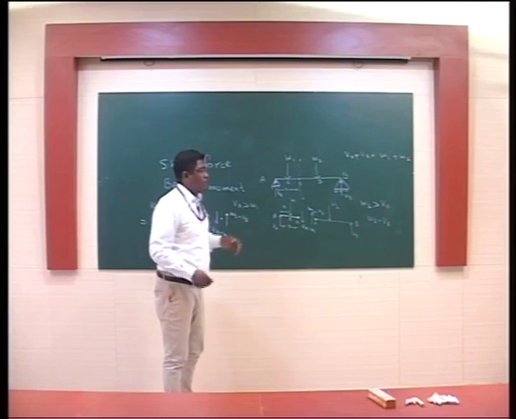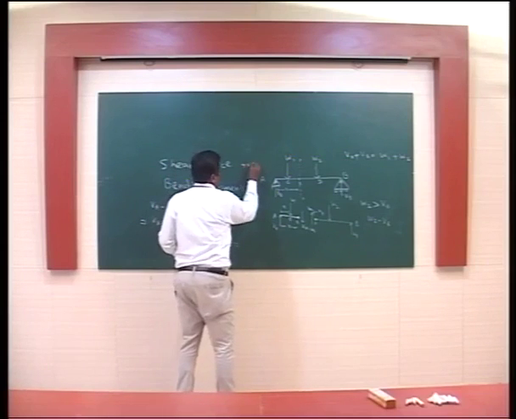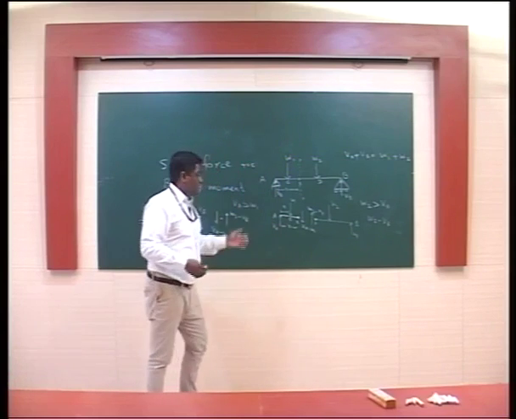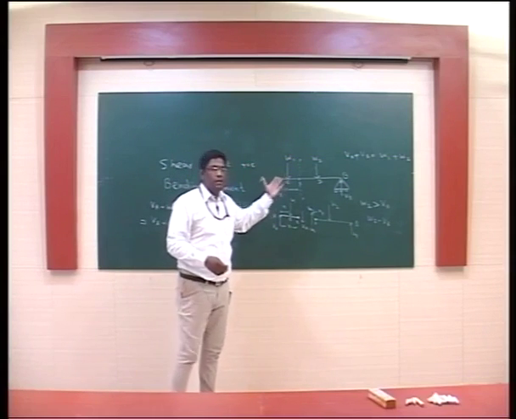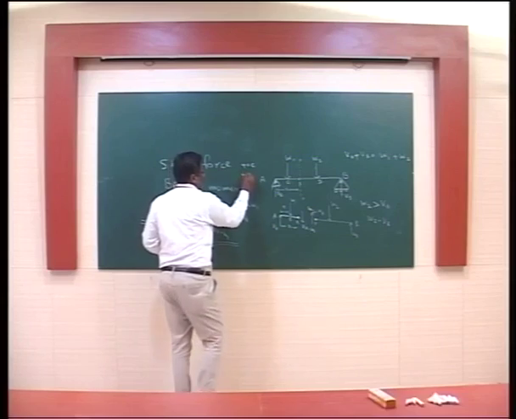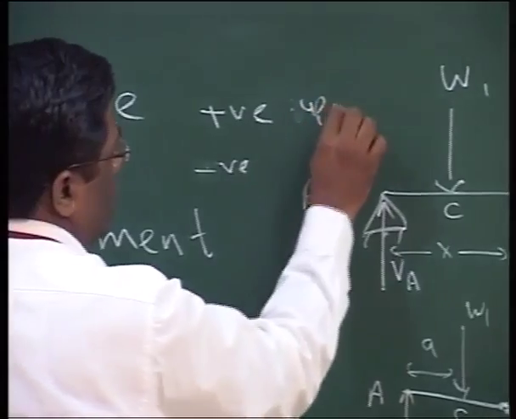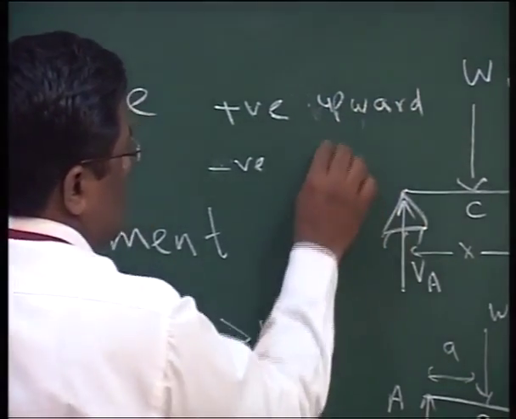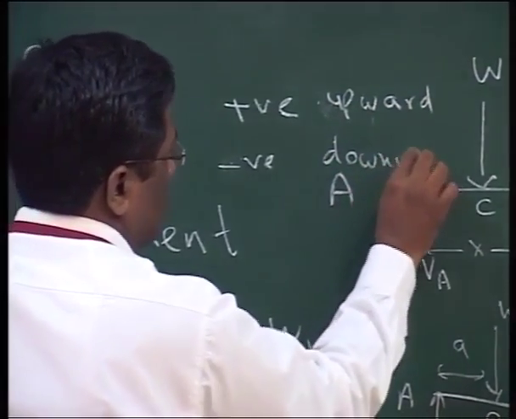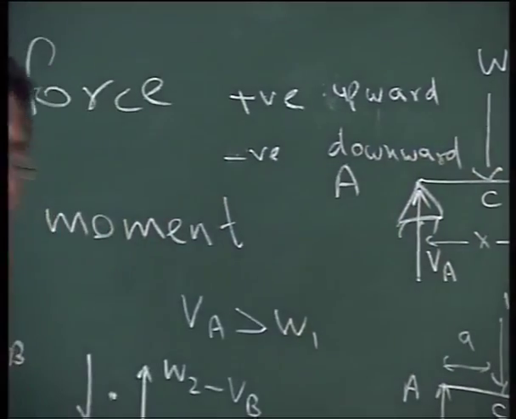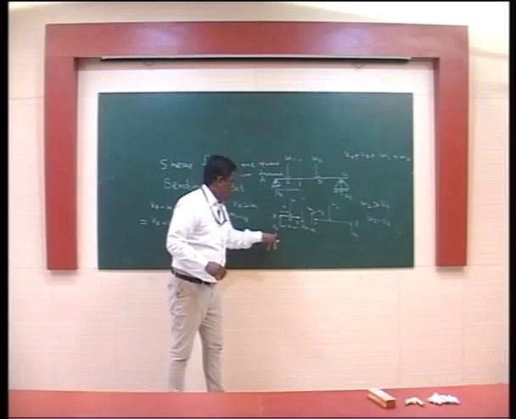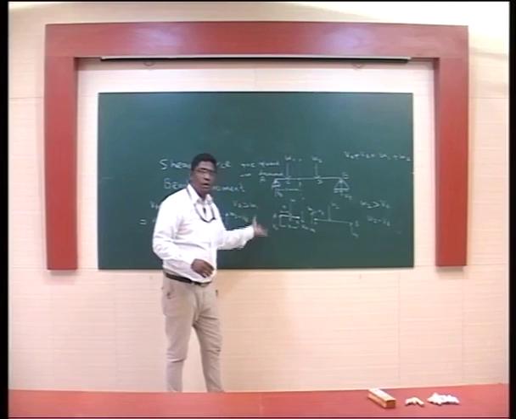If it is giving an upward movement, then we call it positive, and if a downward movement is there, then we call it negative. Now VA is actually tending this beam to go upward.